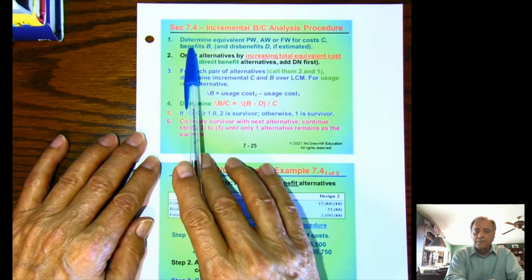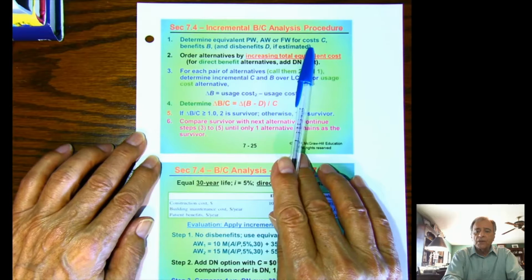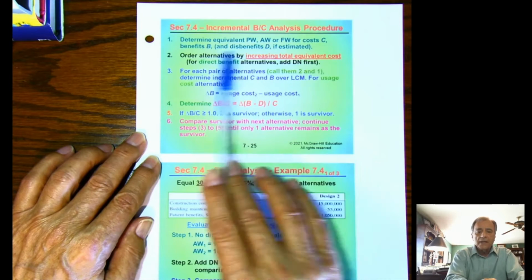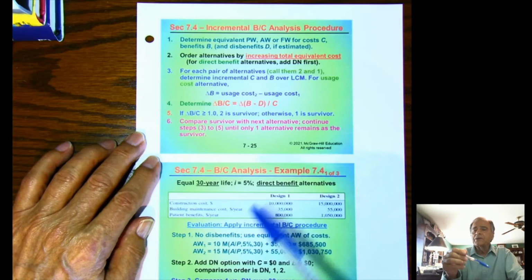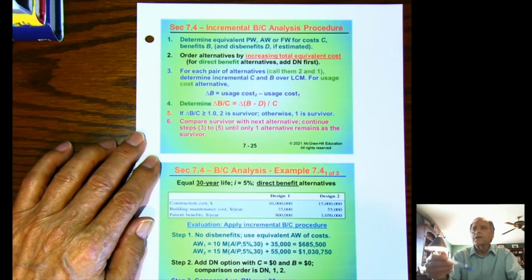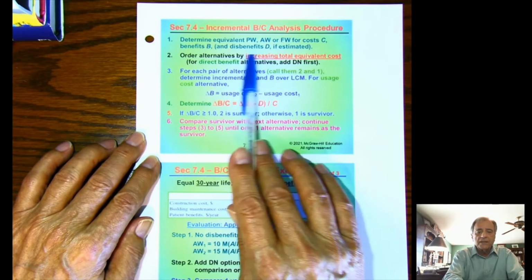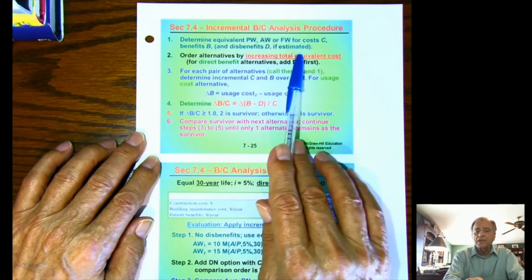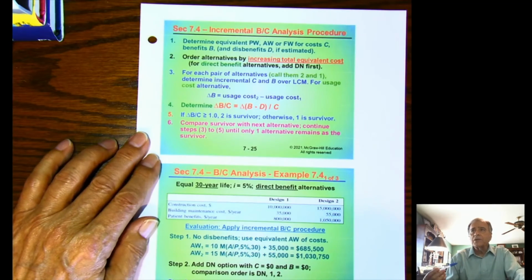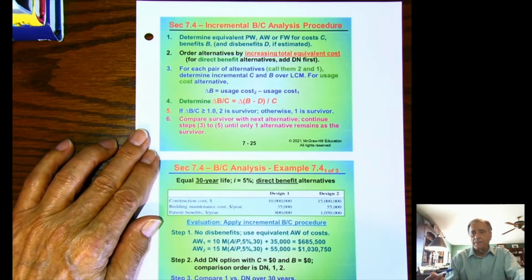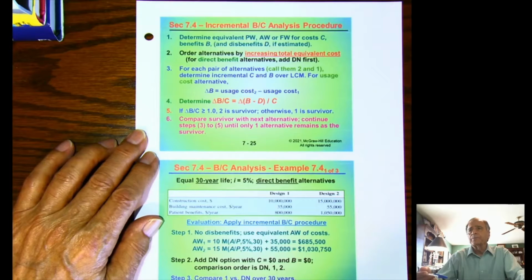The first step is to determine the present worth, annual worth, or future worth of the cost, C, and the benefits, B. So we decide, are we going to use present worth, annual worth, or future worth? And then once we do that, we get the present worth of the cost and benefits. And the disbenefits, if there are some, they come off of the benefits. So we really work with net benefits, benefits minus disbenefits in the numerator, okay?